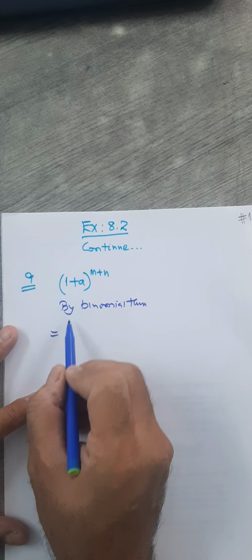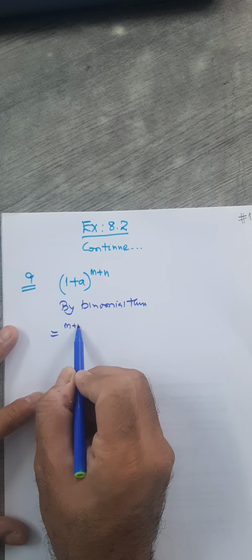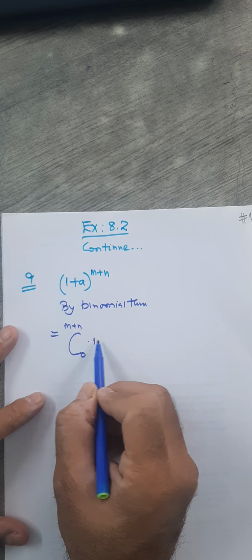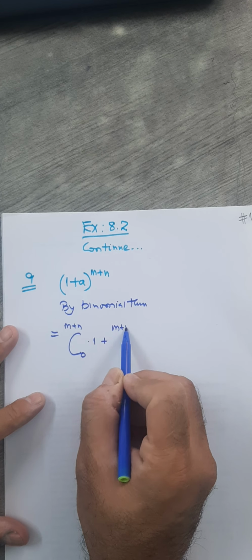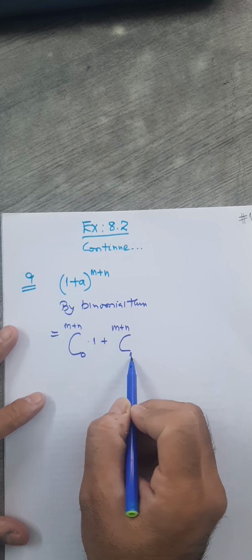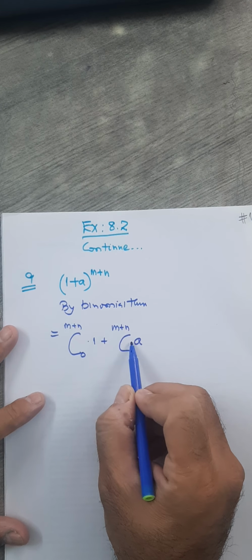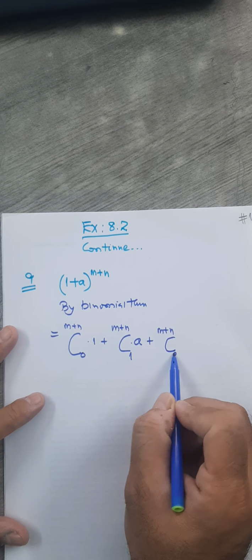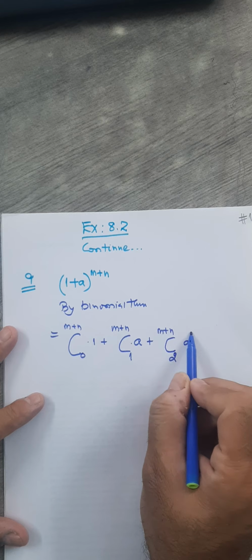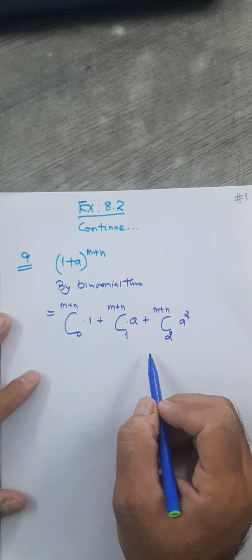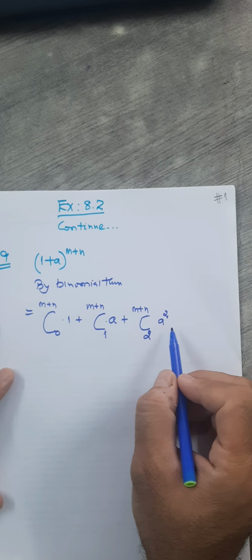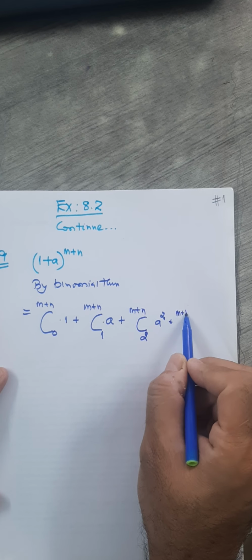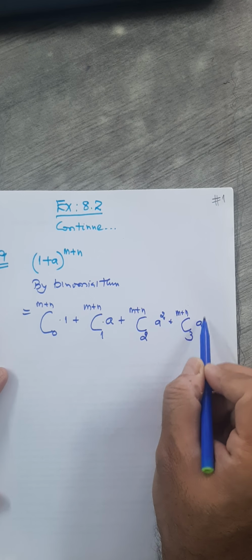You know the expansion here. (m+n)C0 into 1, (m+n)C1 into a, (m+n)C2 into a squared, one more if I write (m+n)C3 into a cube.